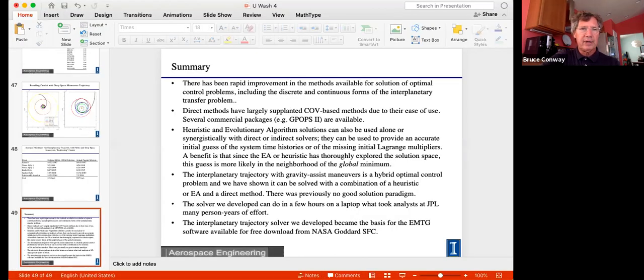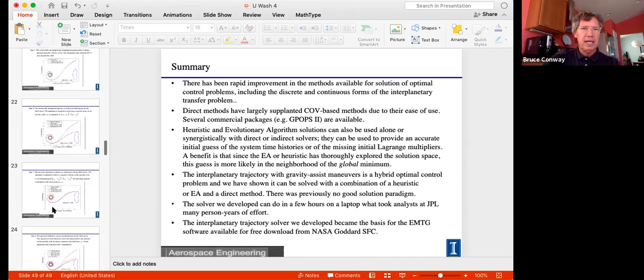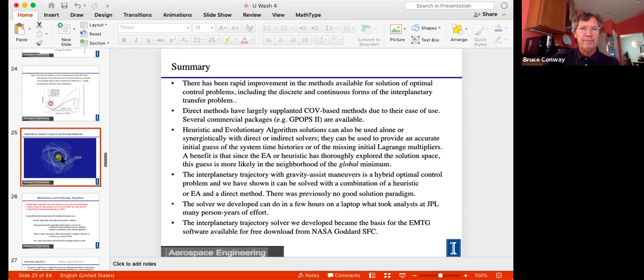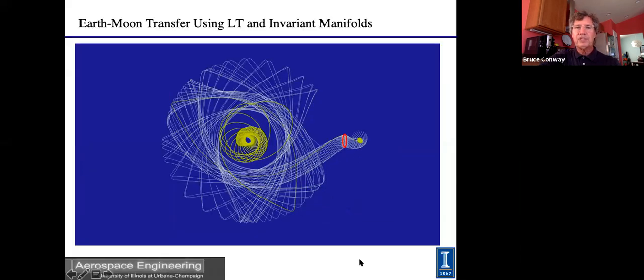Let me see if I can zip back here to the right slide, this cartoon here. See if that's up. So this kind of thing. This is an Earth-Moon trajectory using invariant manifolds.